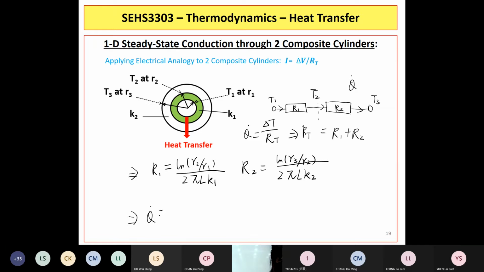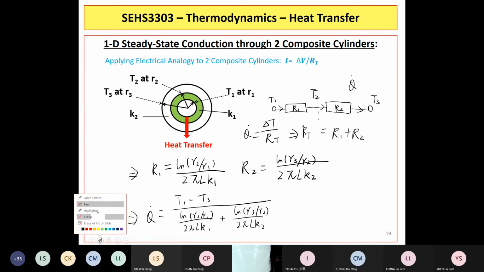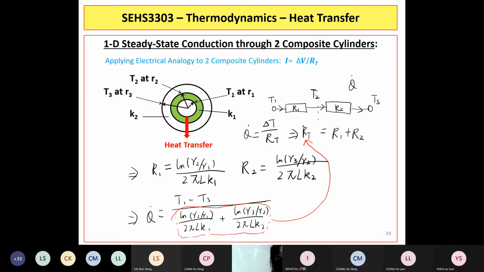Finally, we can get the expression with 2 pi L K1 plus 2 pi L K2, and this is our total resistor, right? At this point, any problems?